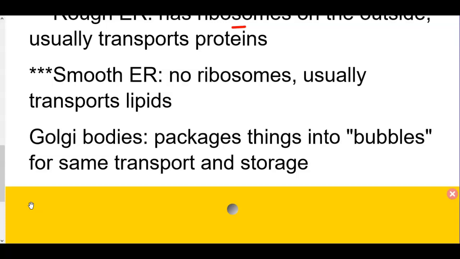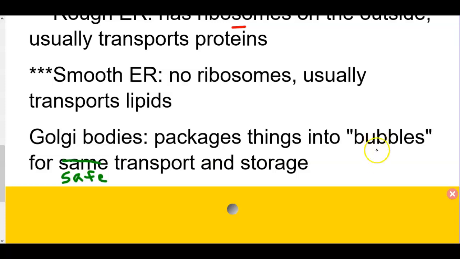And this is what kind of looks like some flat pancakes. And it packages things into little bubbles for safe, S-A-F-E. So packages things into bubbles for safe transport and storage.